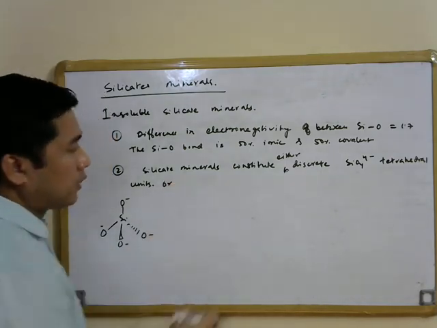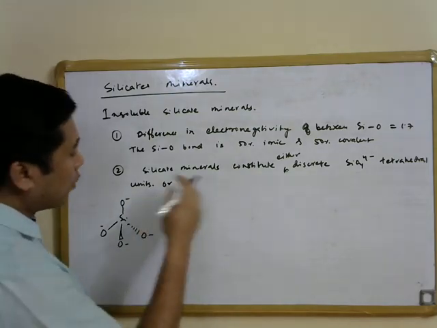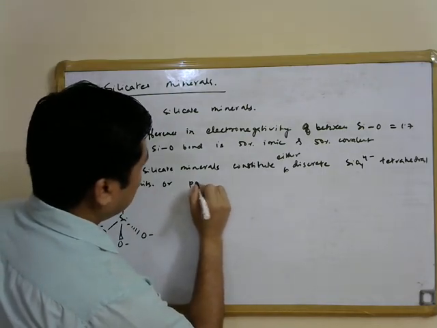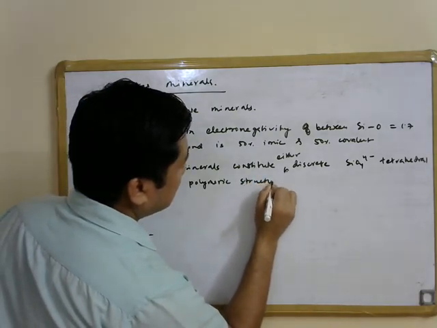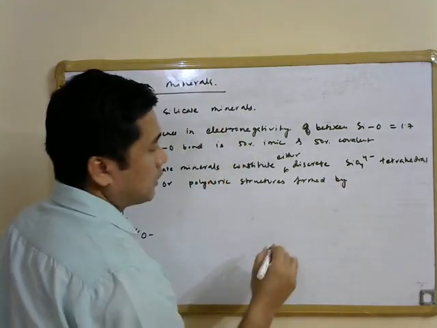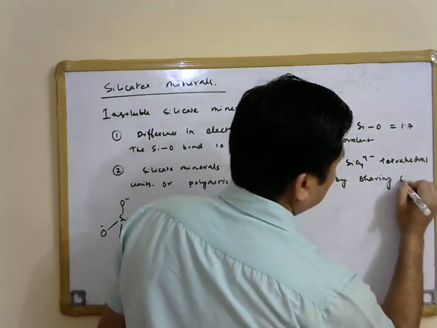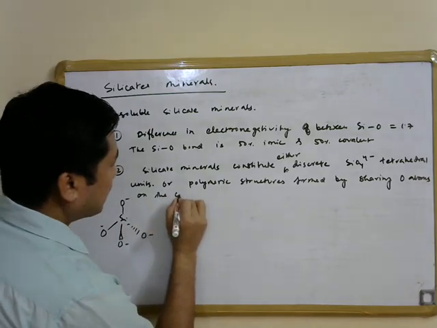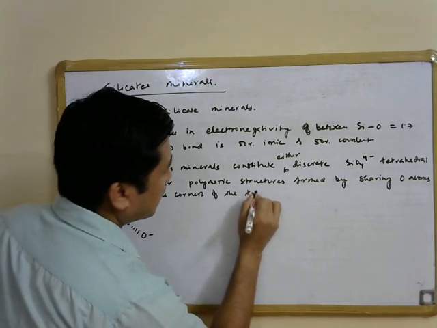So either discrete SiO4 4 negative units are present in these silicate minerals, or polymeric structures formed by sharing oxygen atoms on the corners of the tetrahedron.